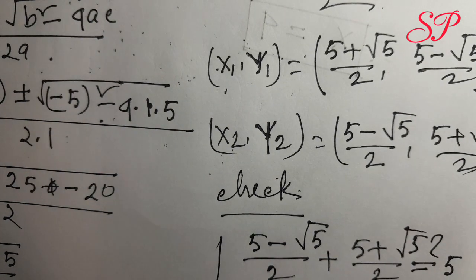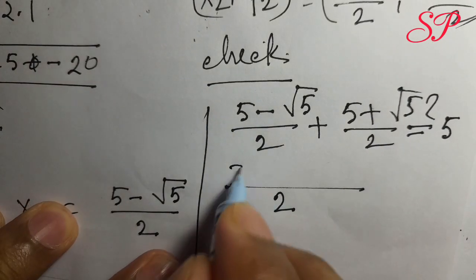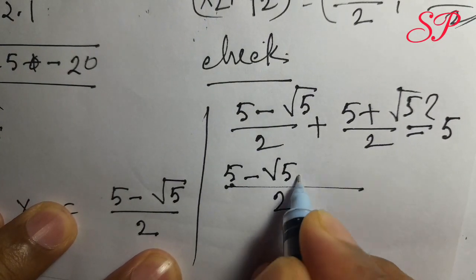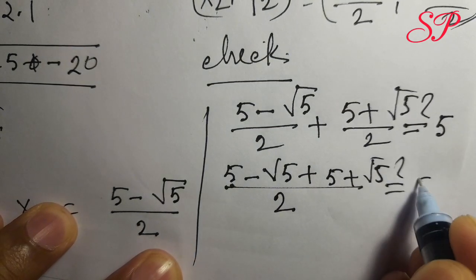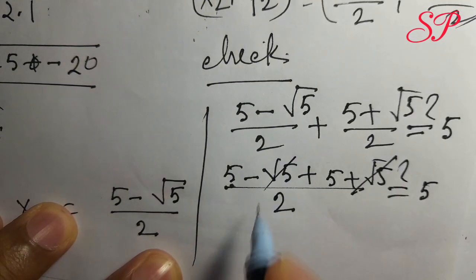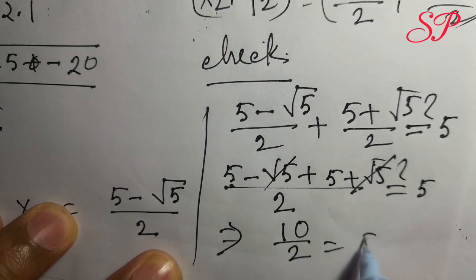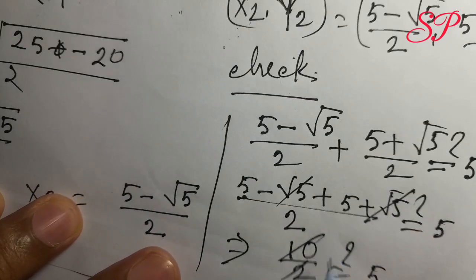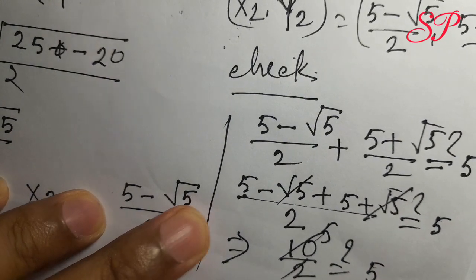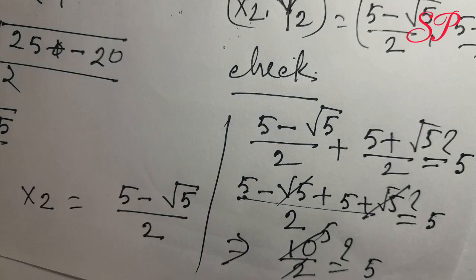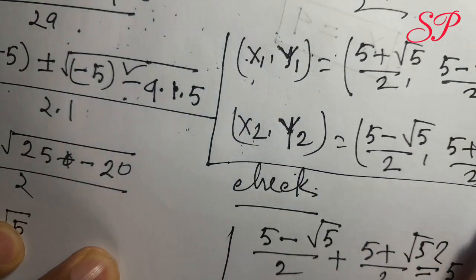Taking LCM, which is 2, 5 plus root 5 plus 5 minus root 5, here the roots cancel, so 10 by 2 is equal to 5. So 5 is equal to 5. So the final solution is checked.